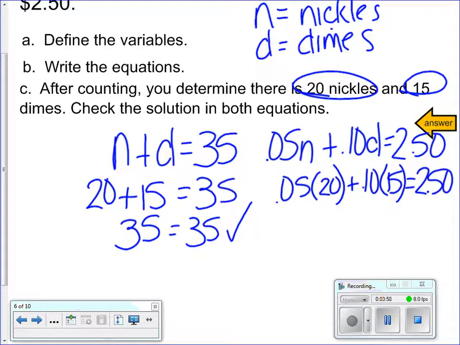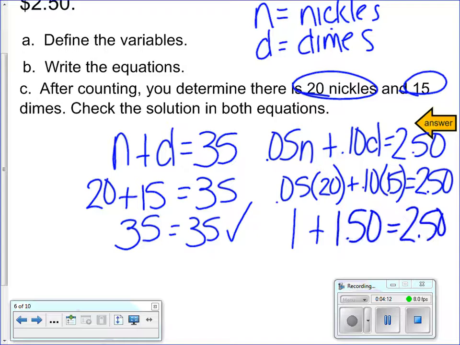A nickel times 20 is $1, plus 10 cents times 15 is $1.50. And 1 plus $1.50 is $2.50. So 250 equals 250. Check.